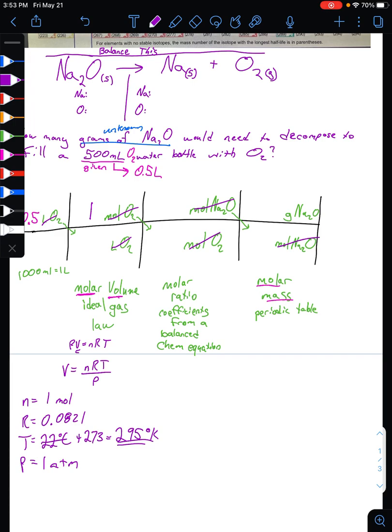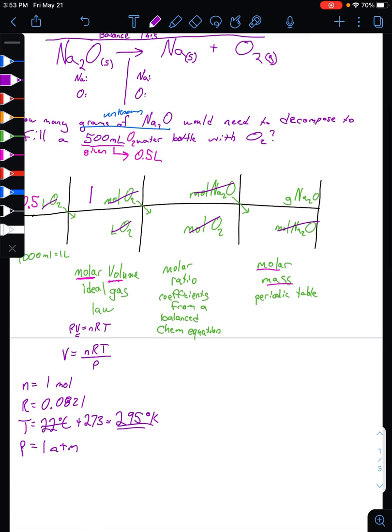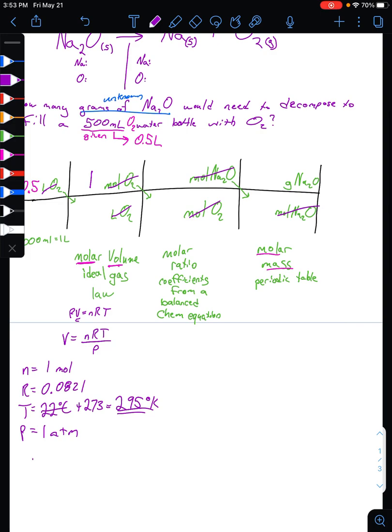I now have 4 variables to find. I can solve for V. V equals 1 mole times the rate constant 0.0821. There's a complicated unit there that I'm just skipping for simplicity. Multiplied by temperature in Kelvin, 295, divided by pressure, 1. All right, everybody's plugged in.